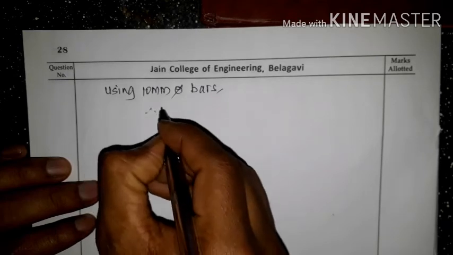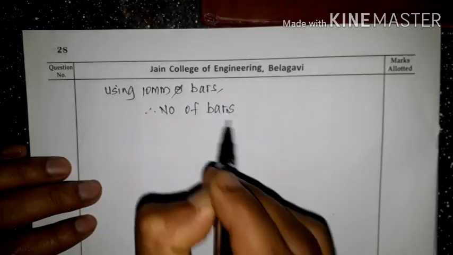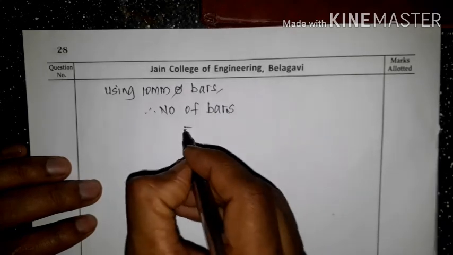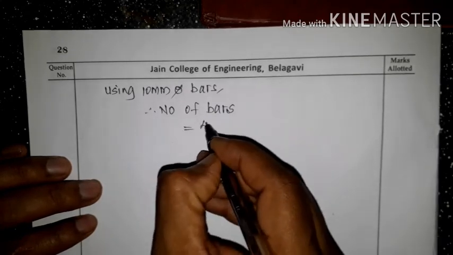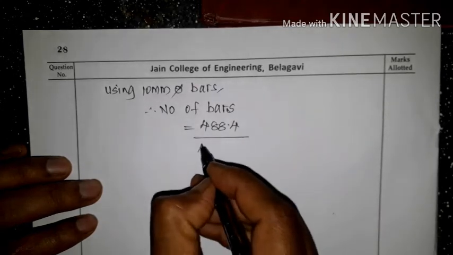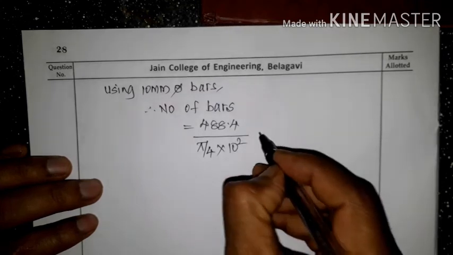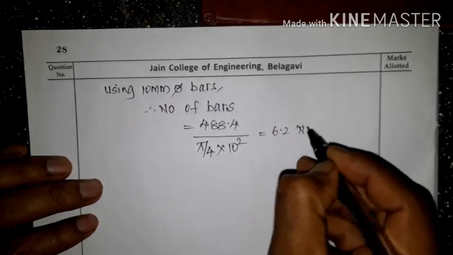So therefore, number of bars is equal to 488.4 divided by the area of one bar, that is pi by 4 into 10 square. So we will get 6.2 numbers.